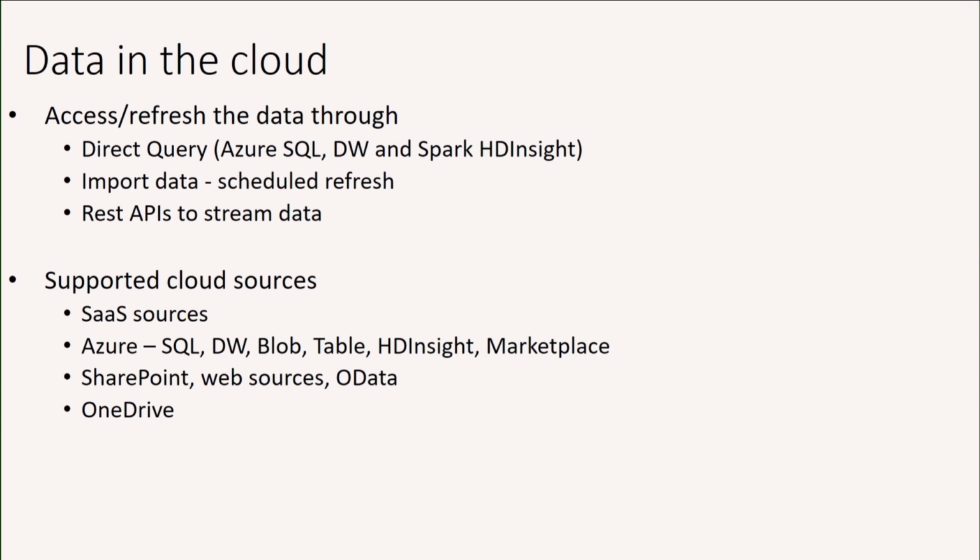You can either access your data through a direct query, so you always have up-to-date data every time you open the report, for Azure SQL, Data Warehouse, and Spark HDInsights. Or you can import data and then schedule a refresh at your convenience for when you want your data to be up-to-date. Or you can use the REST APIs to stream this data that you've configured.